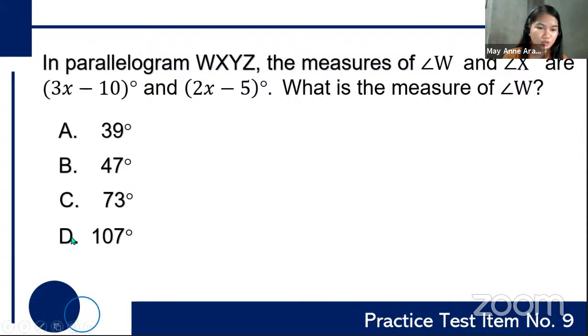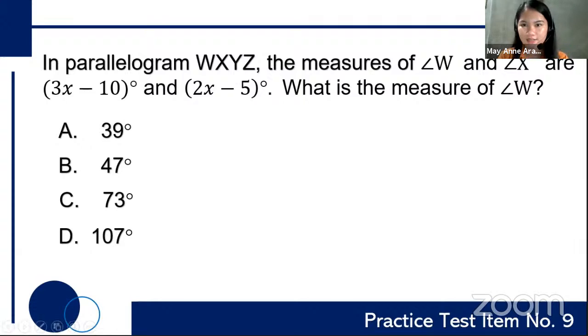So this is the choice for letter D. Okay, all you have to do is to equate their sum to 180 degrees. Okay, what is the measure of angle W?